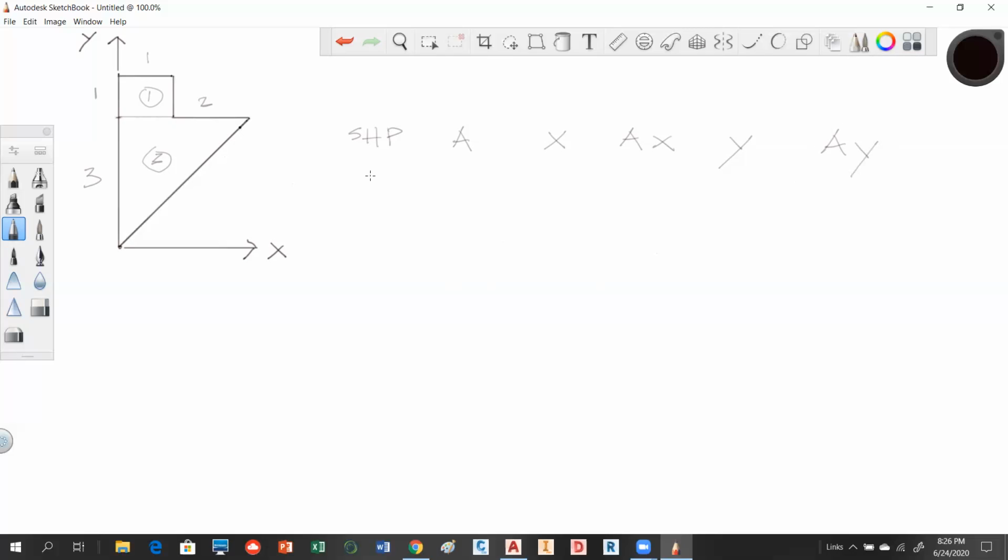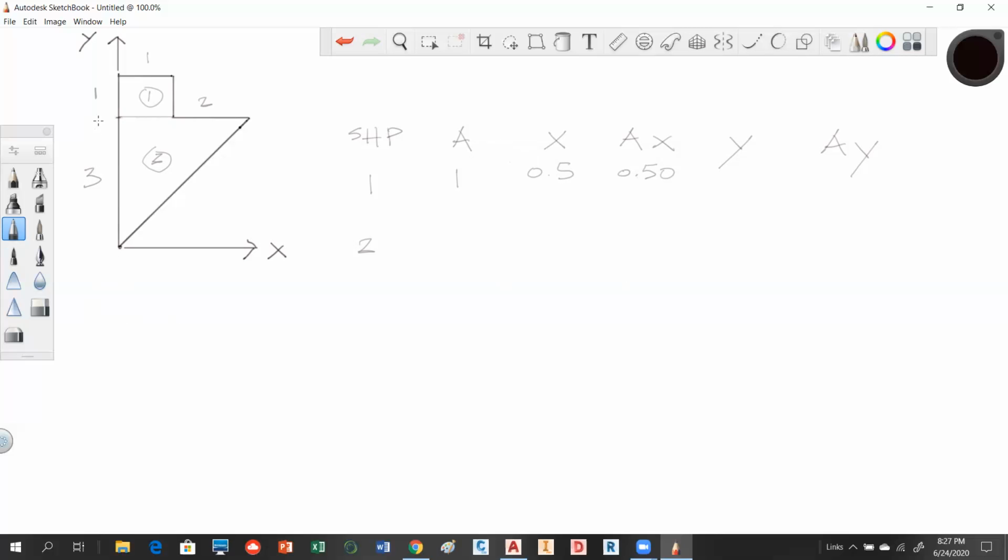So we have shape 1, shape 2. We'll start out with 1. We calculate the area. 1 times 1 gives me an area of 1 square millimeter. The x distance is the distance from the origin. So the origin is this line. Essentially, half of the distance over gives me 0.5. 0.5 times 1 is also 0.5. So y, we have to generate it from the origin up.